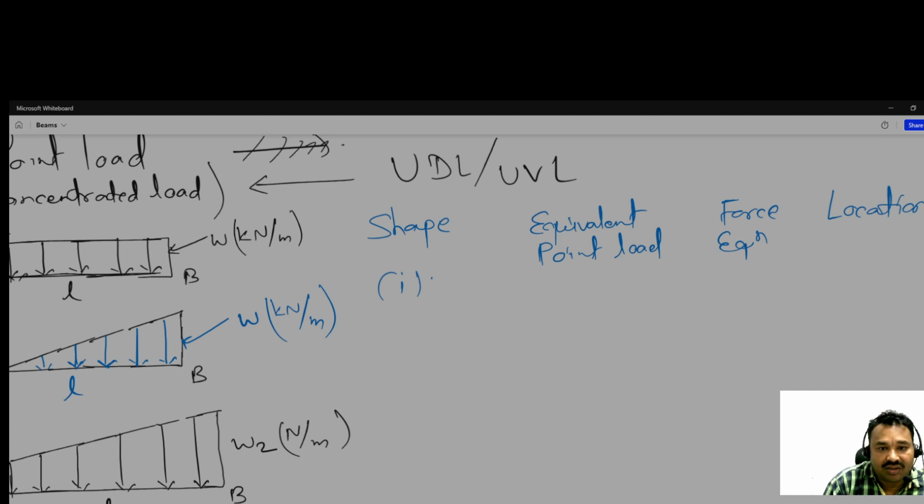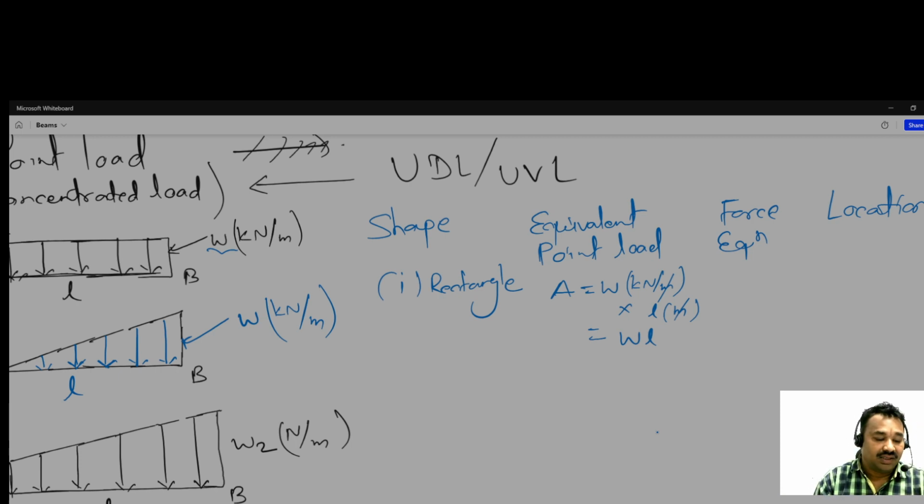shape is what? Rectangle. Okay, so how to convert it into point load? So area, and length is what? And intensity, so that is intensity multiplied, kilonewton per meter multiplied by L in meter. The meter should cancel, so what we get? W L, and that is equal to point load. By finding out the area we can get it.